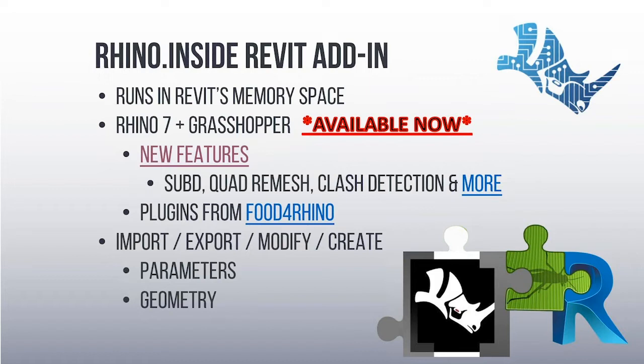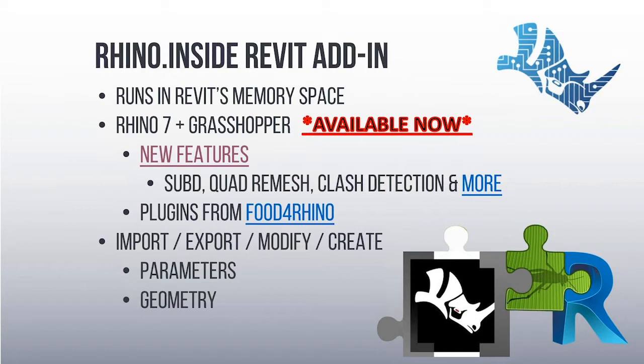So this is incredibly powerful because it provides the full access to Rhino's geometry engine and Grasshopper, and all of the different plugins and features that come with that, in addition to the new features that are in Rhino 7.